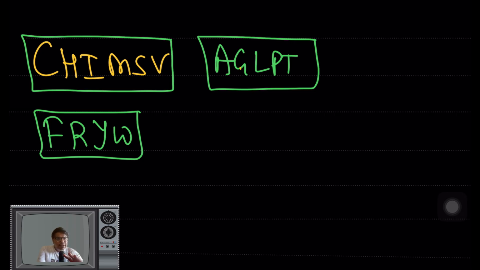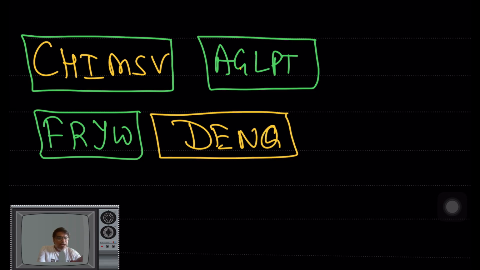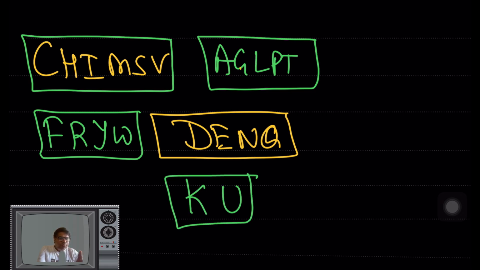Next, here if you see D and E, N and Q. D for aspartic acid, E for glutamic acid, N for asparagine, Q for glutamine. Now hopefully you remember K and U. K for lysine, U for selenocysteine.